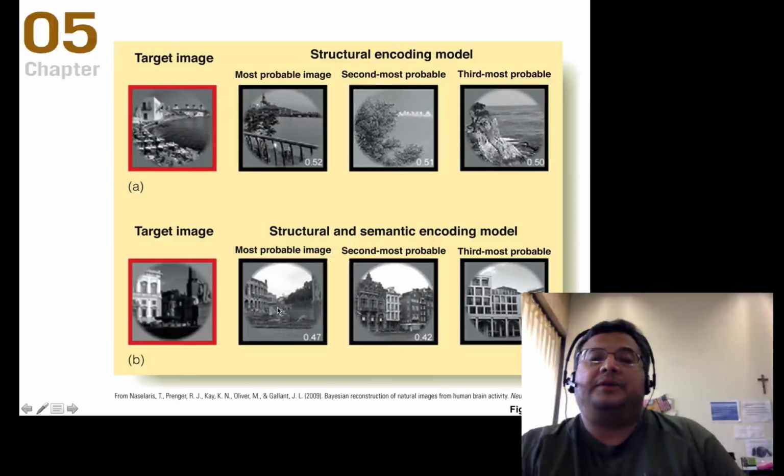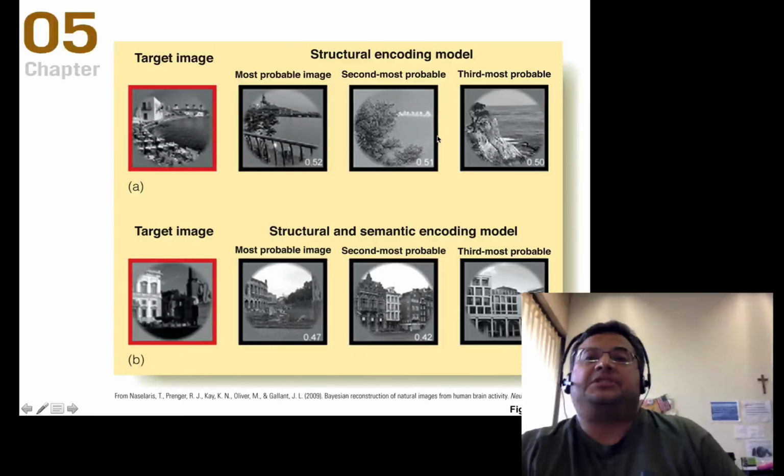And then what it would try to do is match the image based on the structural information as well as the semantic information. And as you can see, the model that did the matching according to the pixels, the objects that it saw, plus the semantic analysis of the words describing what was in the image, did a lot better at picking out images than just the structural model.